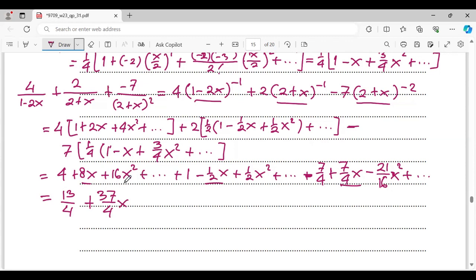And then 16x squared plus half x squared minus 21/16 x squared is plus 239/16 x squared. This is the result.